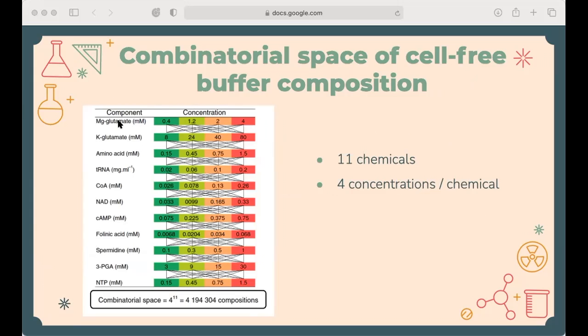For example, the first component is called magnesium glutamate, and the 4 concentrations they chose are 0.4, 1.2, 2, and 4. In total, the combinatorial space is 4 to the 11th because we have 11 chemicals and there are 4 concentrations each, which leads to 4 million compositions, which is a huge search space.